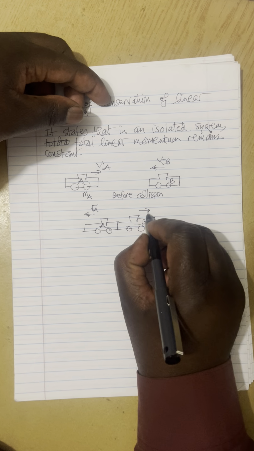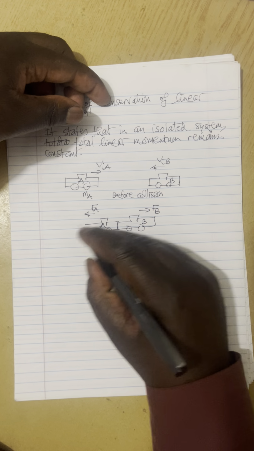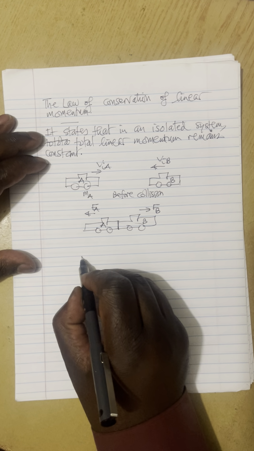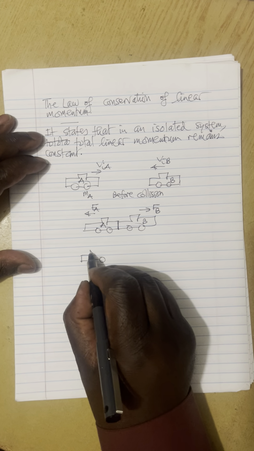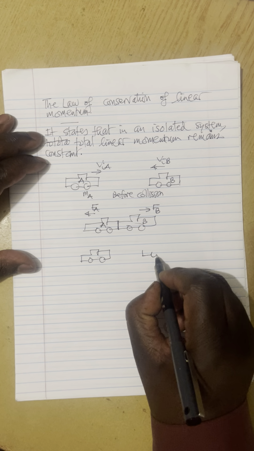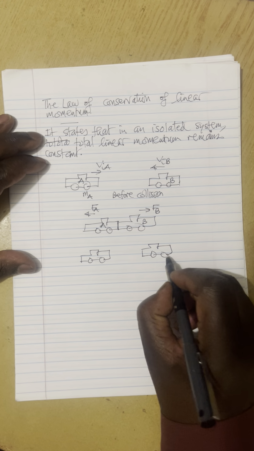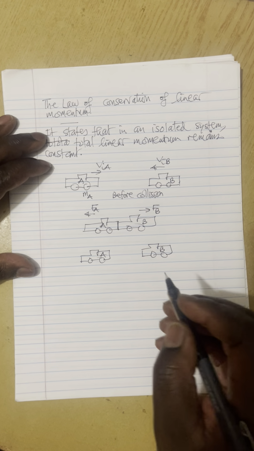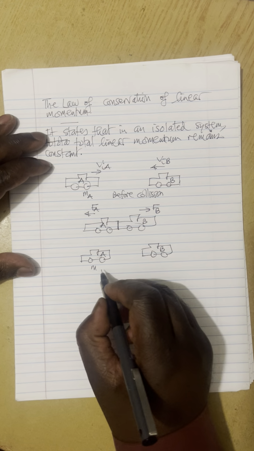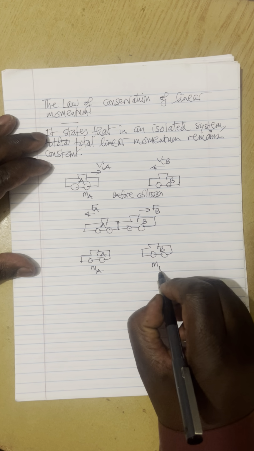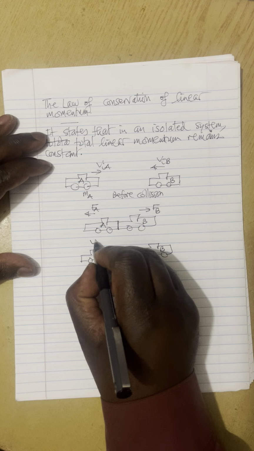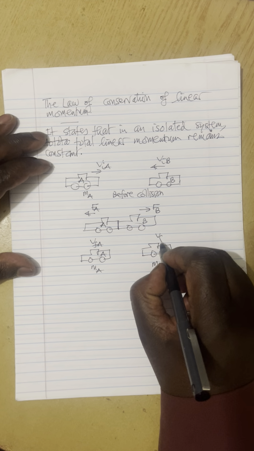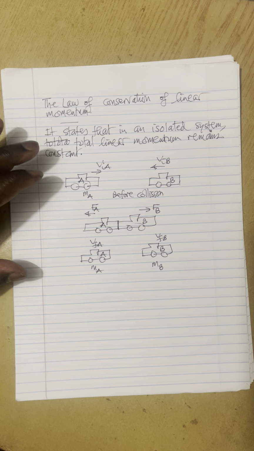Let's call this F on B due to A. And let us say that after the collision, the cars are separated. Let us assume there is no change in mass. This remains car A with mass ma, and this is car B with mass mb. This has a velocity of v final of A, and this one has a velocity of v final of B.